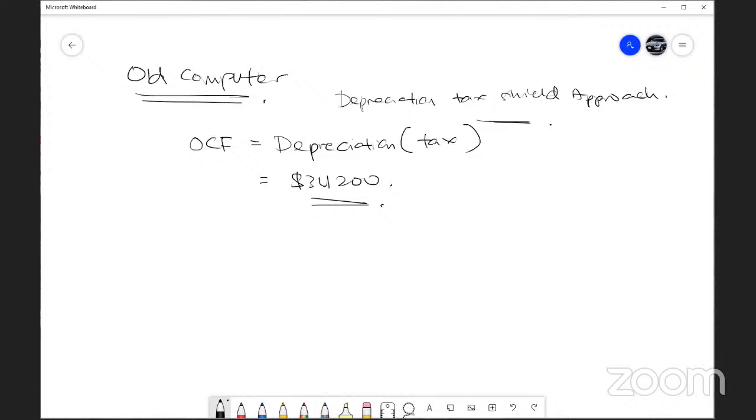So that means it still has 2 years lifespan, but now it's still worth $230,000. So I told you, just like the previous question, the opportunity cost. So let's count the salvage value. The salvage value currently is worth $230,000.